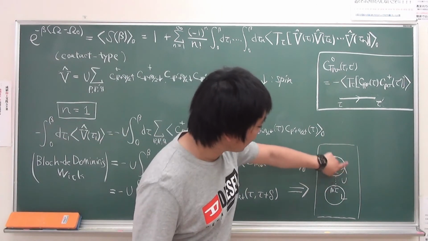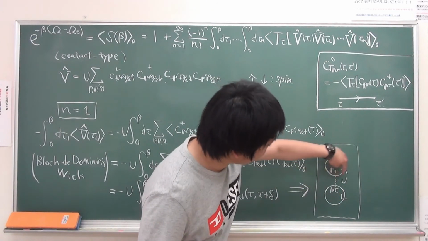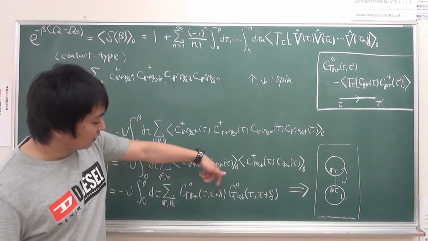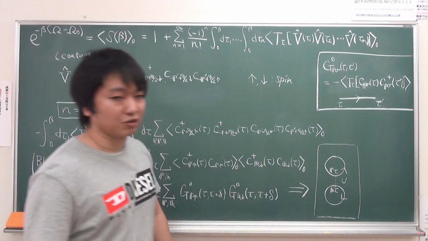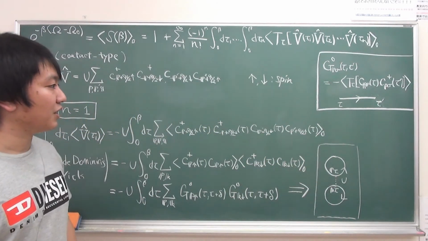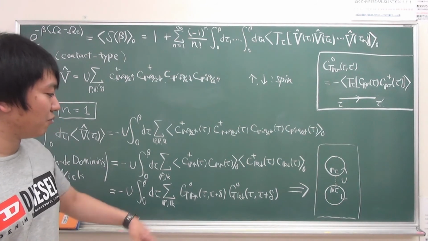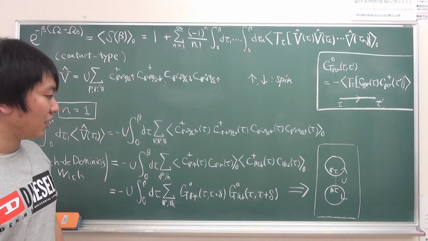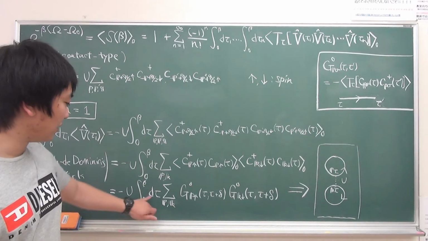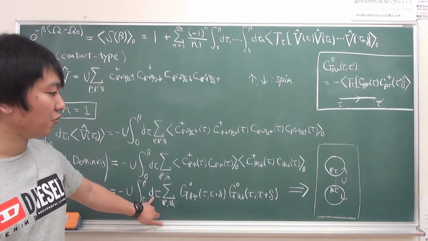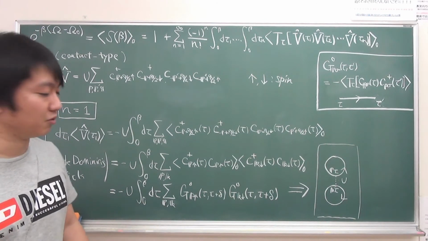The two solid loops show the thermal Green's function, and the dashed line shows the interaction. Also we can obtain a more explicit form by taking the imaginary time integral or some Fourier transform to the Matsubara frequency.